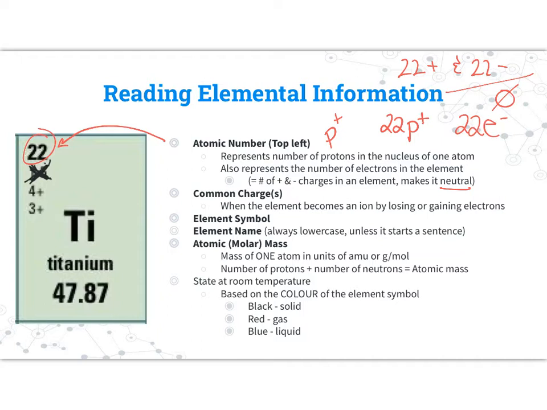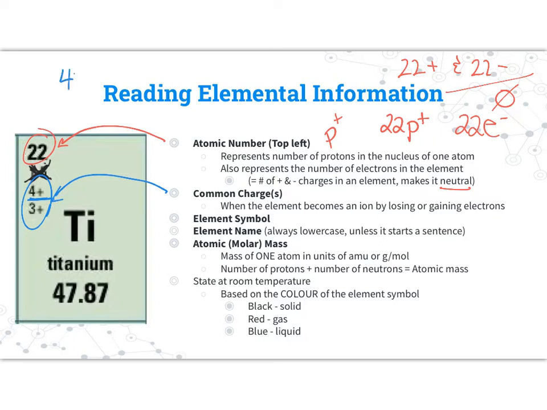Also listed on our periodic table are the common charges. So sometimes it's just one charge. Other times elements can have multiple common charges. The most common charge is always listed first. So the most common charge for a titanium ion, different than a titanium element, is 4, because it's listed first vertically.